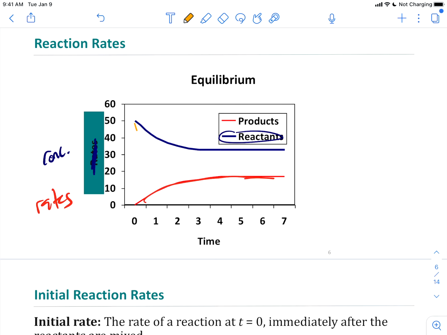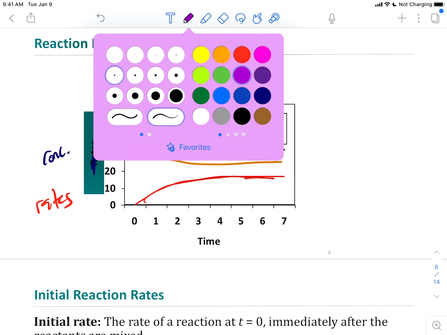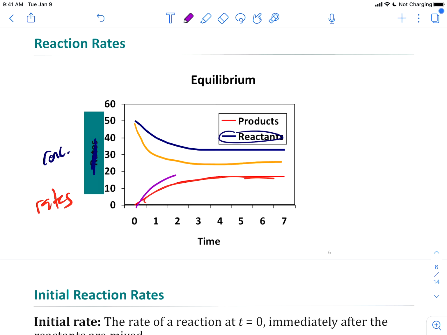And the rate of the reactant should come down and go like this. And the rate of the products will start and go like this. And eventually the rates are the same. So when you're graphing rates, they will equal the same. When you're graphing concentration, they don't have to equal the same. In fact, that would be an unusual circumstance. Could certainly happen, but it's not the norm.